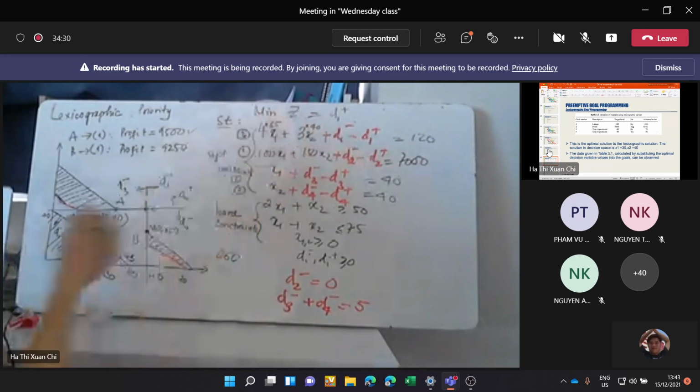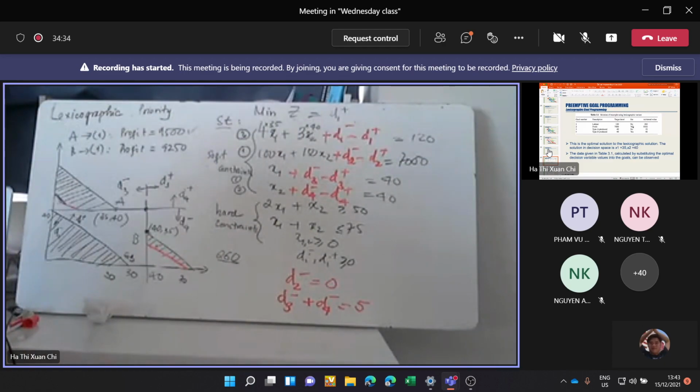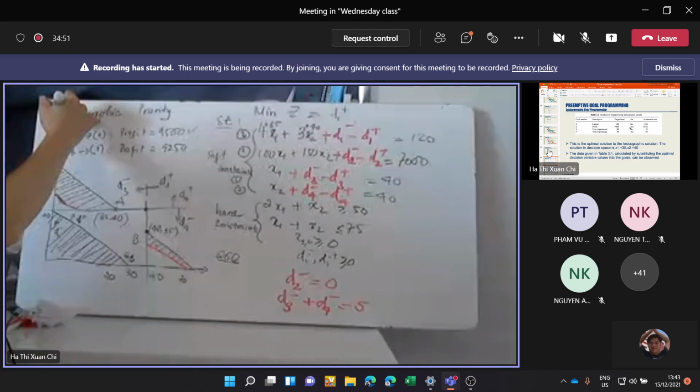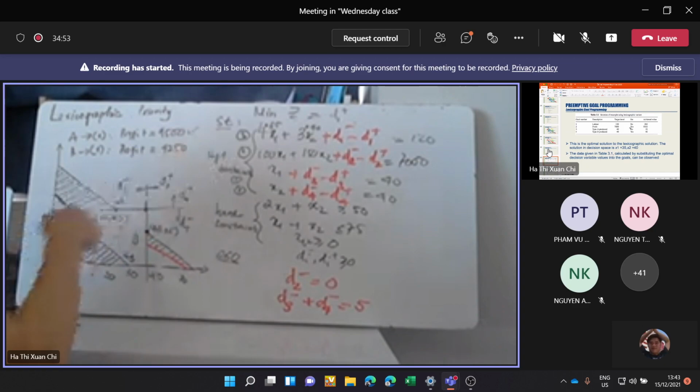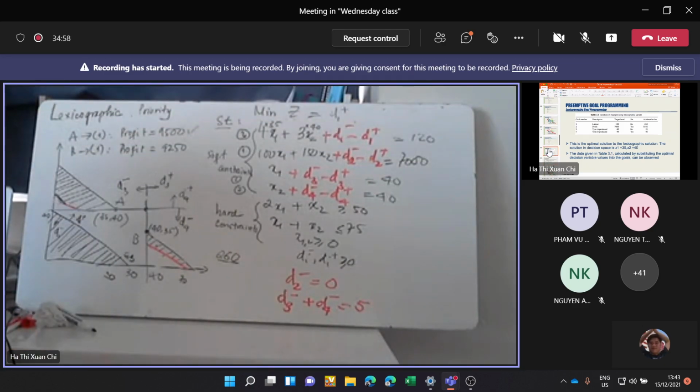So you get 260. But the target is no more than 120. So this is not satisfied, right? Okay. So in sum, we just satisfy goal 1 and goal 2. Okay, everyone. Question, please.